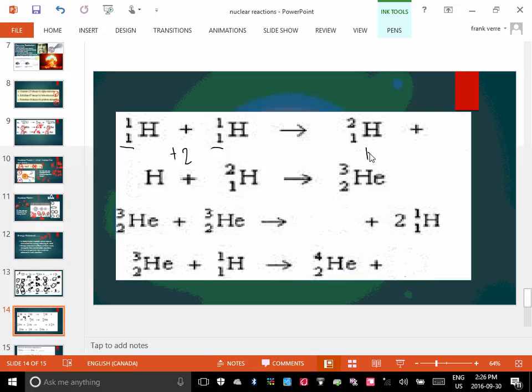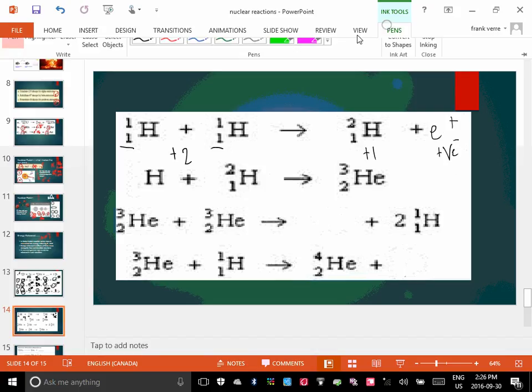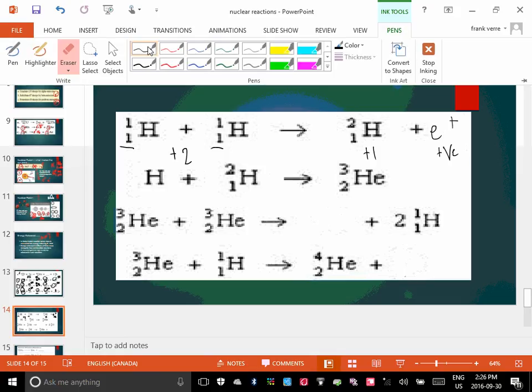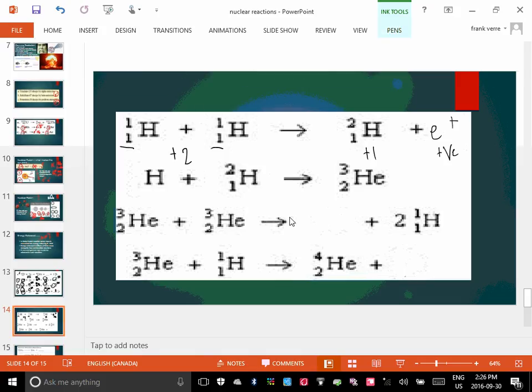On this side, it's only plus 1. So we're missing something that is positive. That has to be the positron, and therefore also the electron neutrino. Does it always come with the electron neutrino? Yes, at least I'm pretty sure it does.